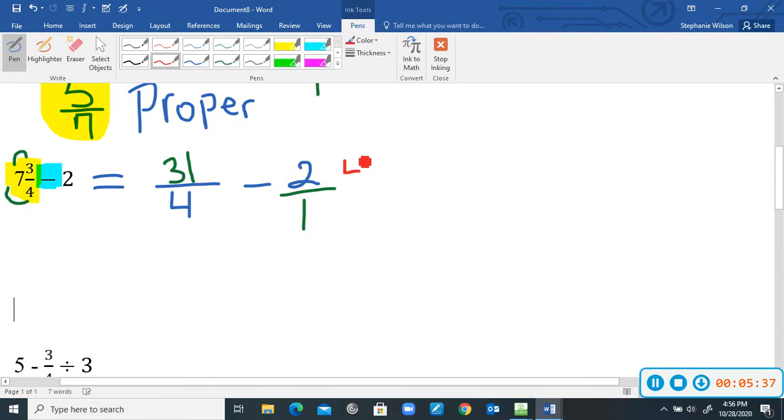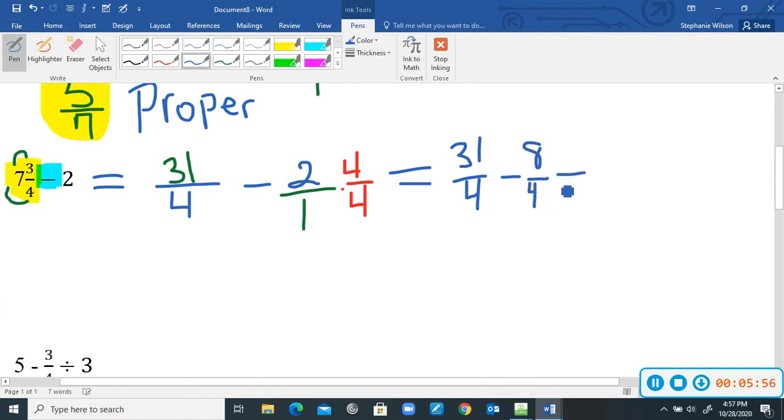So I got to multiply top and bottom by this one fraction to get the 4 in the denominator. So now I have 31 over 4. I have 2 times 4, which is 8. 1 times 4, which is 4. And I'm almost done. What I'm going to do is write my 31 minus 8 all over 4. So now I can say 31 minus 8 gives me 23.